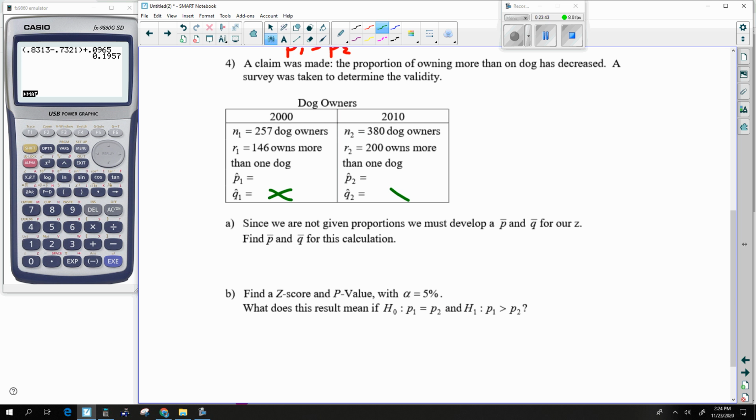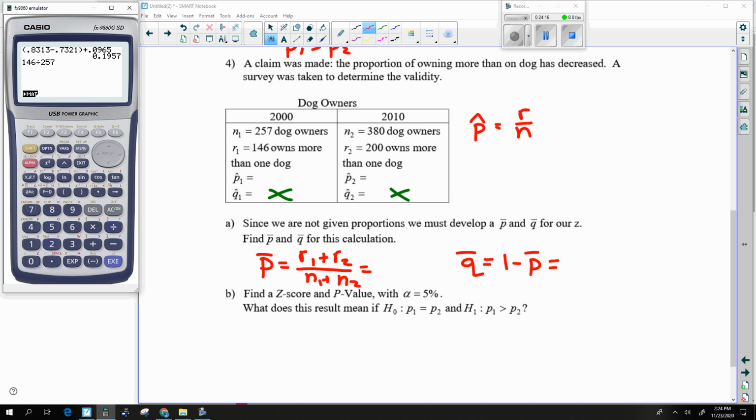Okay, so again, in these problems, you do not need the Q's, you only need P hats. So let's go over these formulas one more time. P hat is R divided by N. Down here, we're going to have to get a P bar, which is R1 plus R2 divided by N1 plus N2. And we also need a Q bar, which is 1 minus P bar. Okay, so let's go with these hats. 146 over 257. 200 out of 380.